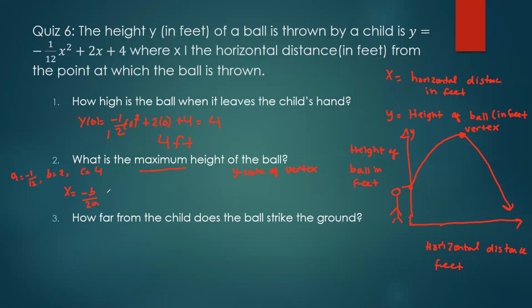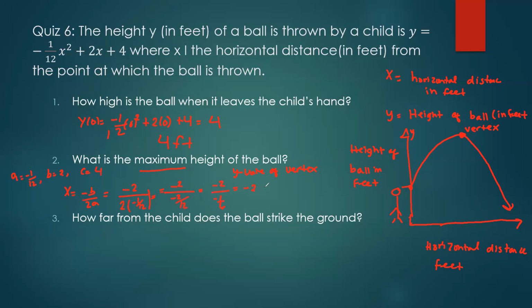So x equals negative 2 over 2 times negative 1/12, which is negative 2 divided by negative 2/12, which simplifies to negative 1/6.